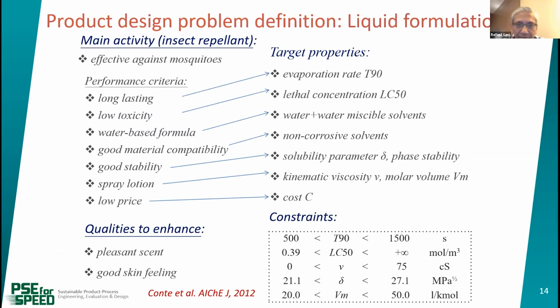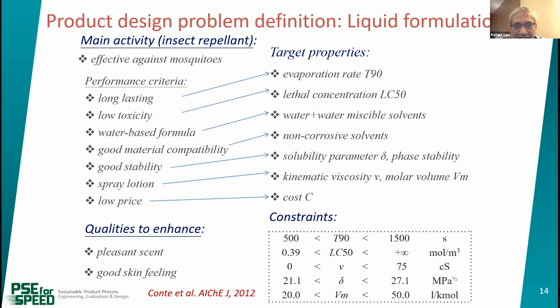An interesting product is formulations, and I'm talking about liquid formulations. What is the purpose of the product? Here is an insect repellent to be effective against mosquitoes. The performance should be long-lasting, low toxicity, water-based formula, and so on. We need to convert them into target properties.